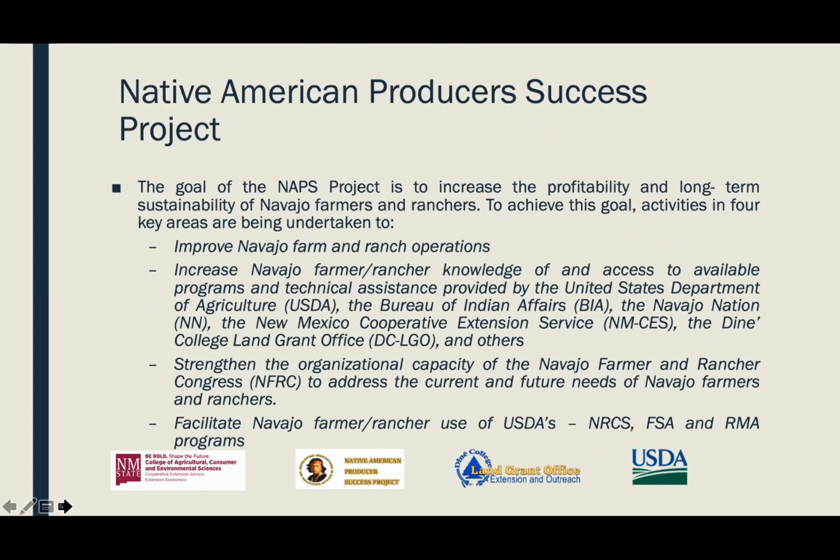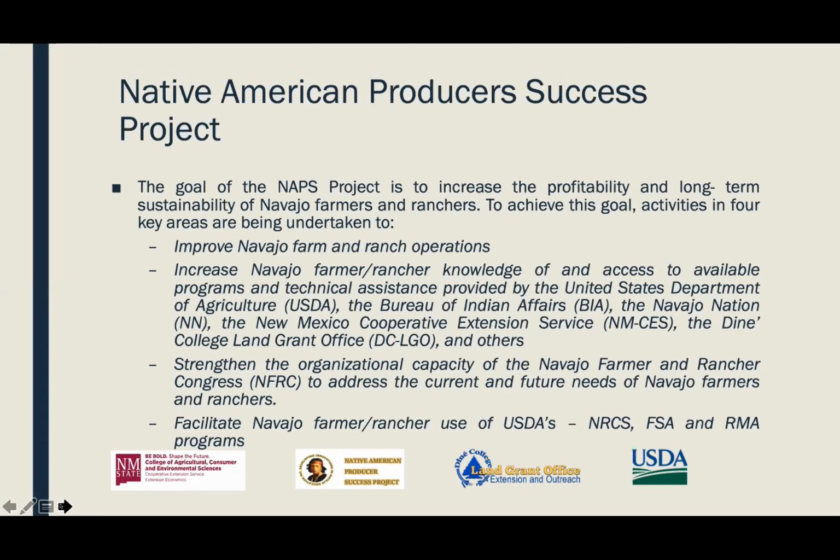The overall goal of the NAPS project is to increase the profitability and long-term sustainability of Navajo farmers and ranchers. To help us achieve this goal, there are some activities that we are currently providing in 4 key areas, which include improving Navajo farm and ranch operations through a series of workshops focusing on crop-related topics and livestock-related topics.